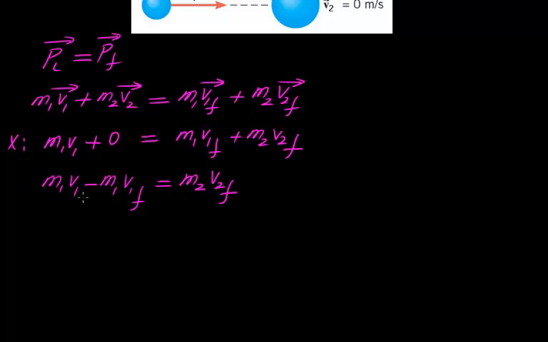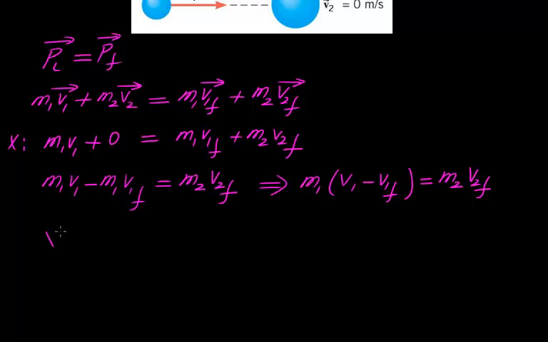The next thing I need to do is factorize the m1. m1 times (v1 minus v1 final) equals m2 v2 final.